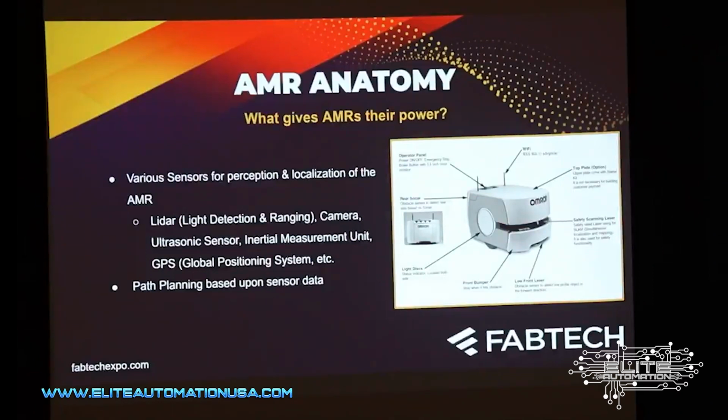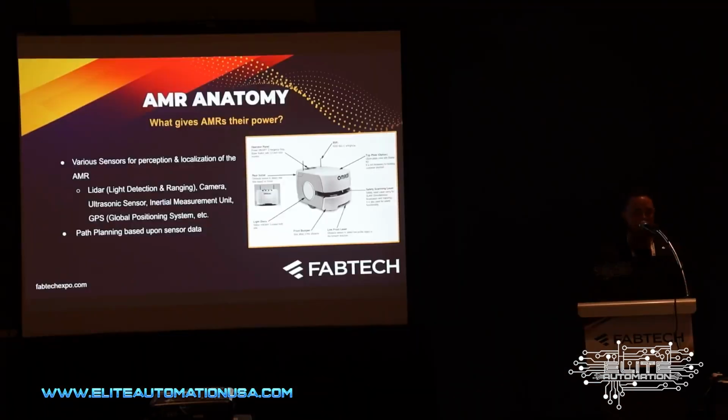They're equipped with things like LiDARs and vision cameras, and they're able to compute and do measurements based off of these sensors. It also allows for path planning. So not only does the AMR have the ability to be more flexible, but it has the ability to plan its own path, making the programming much more simple and easily deployable.